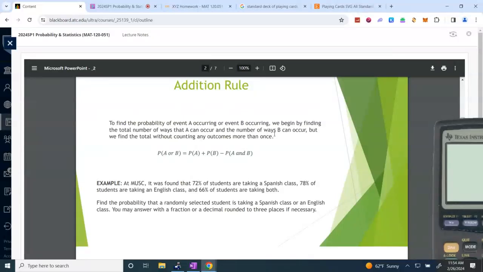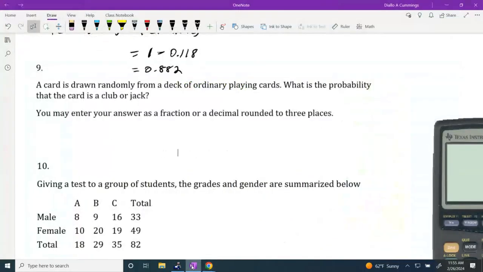Then we're going to find the number of ways you can choose B. So that means we're going to find the number of ways you can choose a jack. But we find the total without counting any outcome more than once. So we have something that's in both of those categories. It's a jack and it's a club, right? So I'm going to kind of write this out in words.